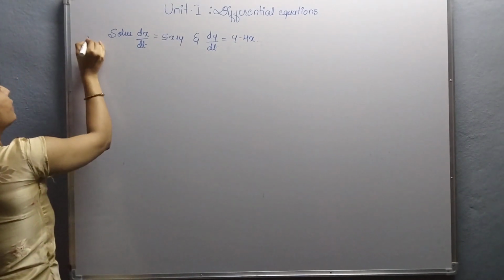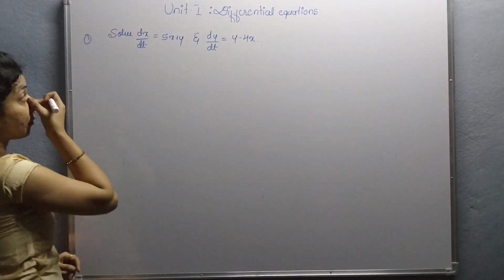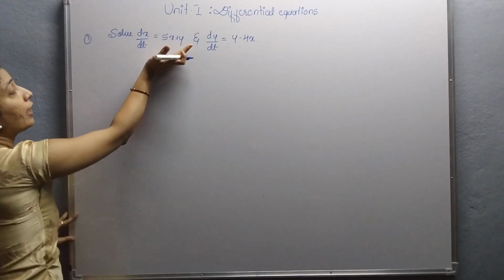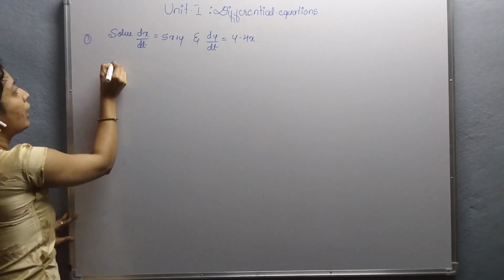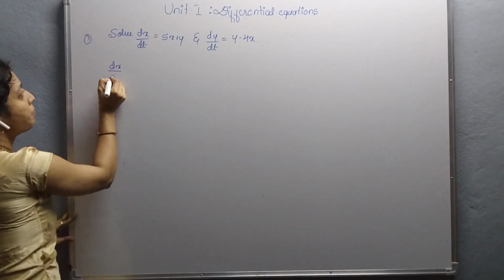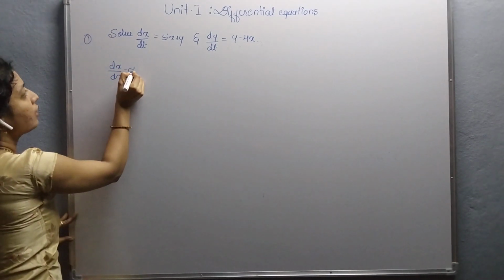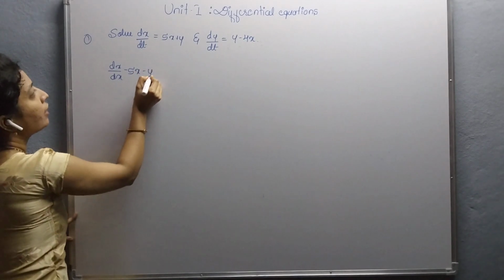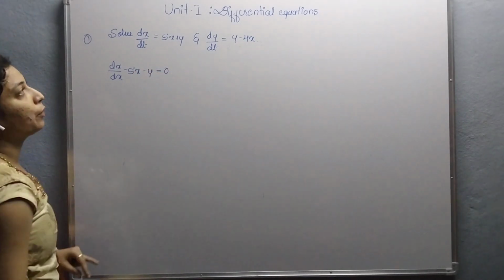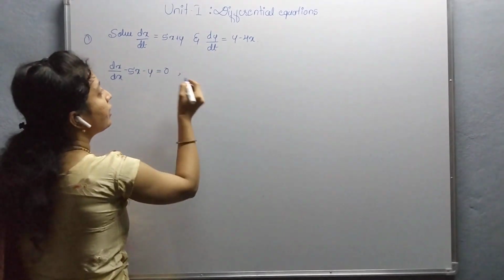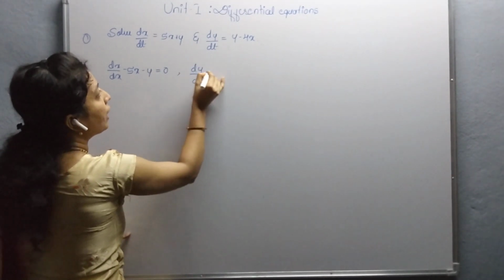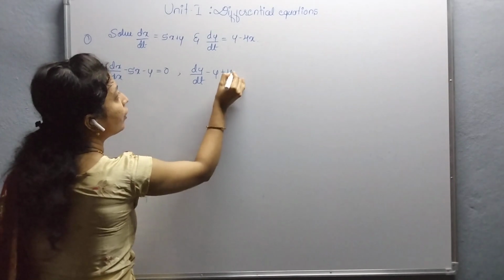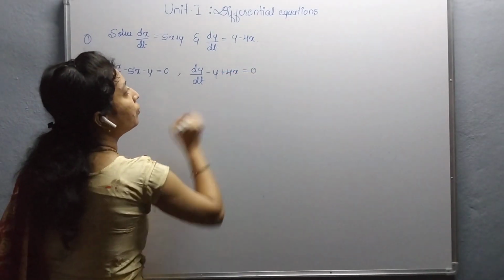Here we can take the RHS terms to the LHS side. So we write the equation as dx by dt minus 5x minus y is equal to 0, and similarly the second equation, dy by dt minus y plus 4x is equal to 0.